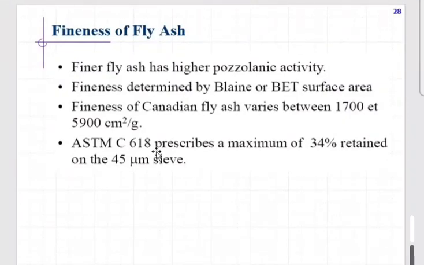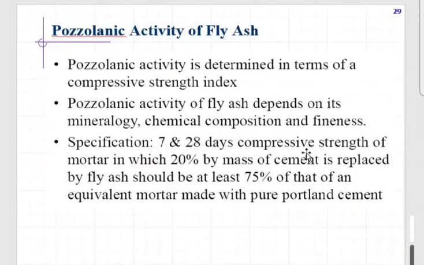It states three things. One is the chemical composition, where the calcium content should be specified. Second is fineness. It will tell you how much the fineness of the particles should be, and that on the 75 micron sieve, a maximum of 34% should be retained. Then the pozzolanic activity.